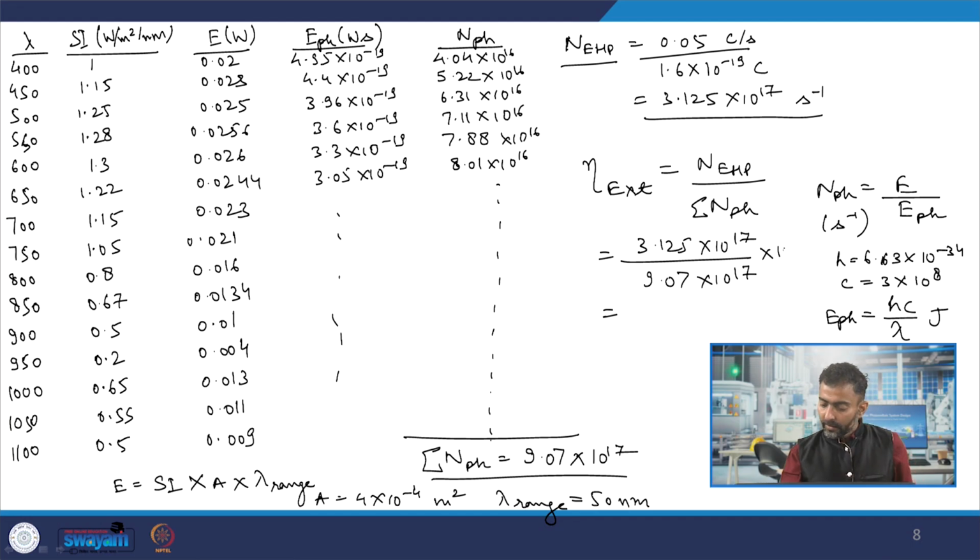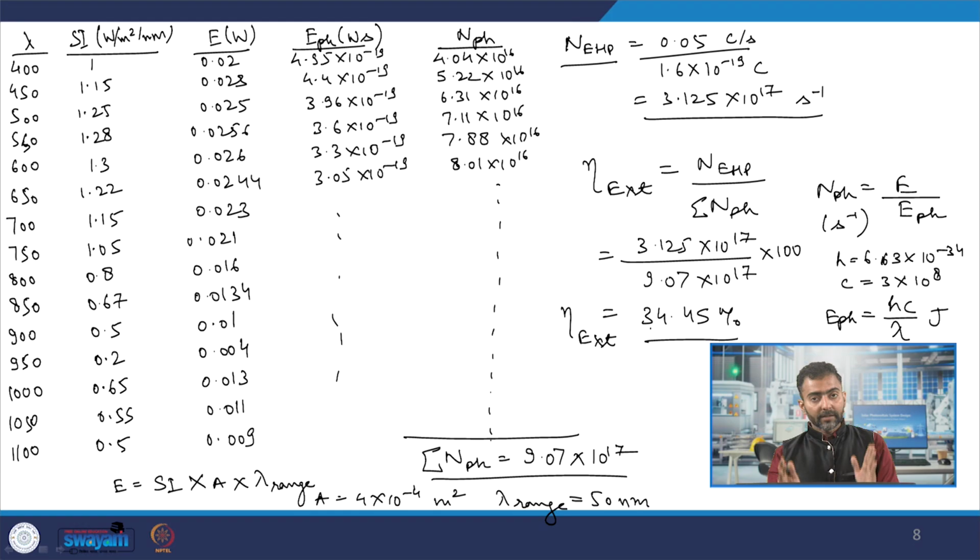You can multiply it by 100 to convert it to percentage, and you get 34.45%. That is the external quantum efficiency for this particular problem, considering only the wavelengths from 400 nanometer up to 1100 nanometer. That is how you can calculate the external quantum efficiency.